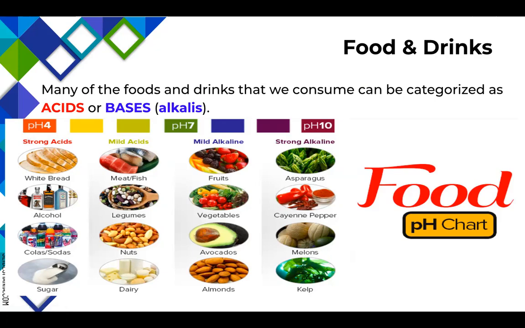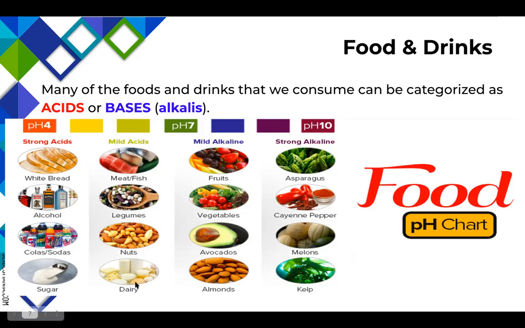So at pH of 4, we have breads, alcohol, colas, sugar, etc. Mild acids, right? It's considered a strong acid because we're talking about food, stuff that we're consuming. Obviously, it's not the strongest acid, pH of 0 would be, but we would never be consuming anything that's such a strong acid or such a low pH, right?